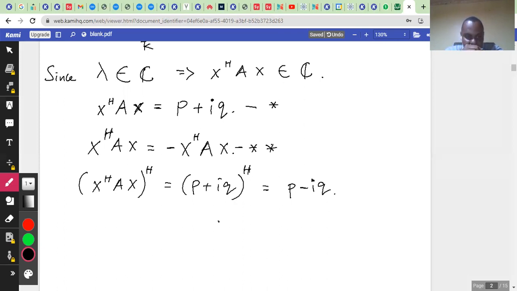So if we do all these Hermitians, realize that the Hermitian of x is going to become x again.